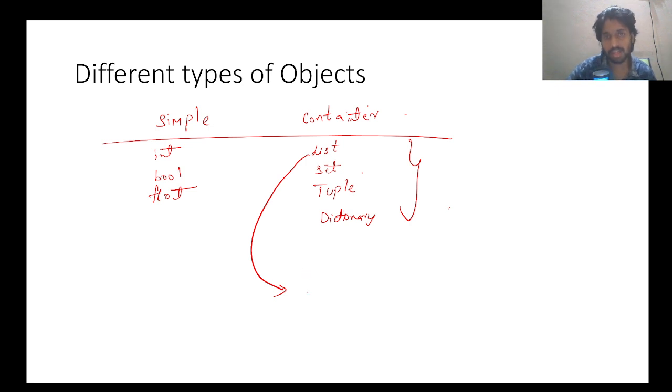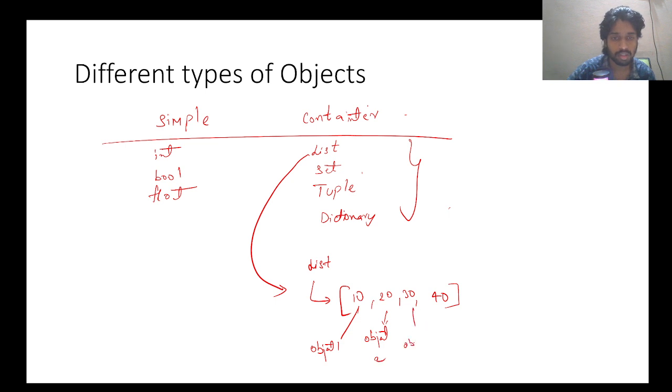A container object is nothing but an object that stores a group of objects in it. Whenever I try to create a list object, we will group some objects here. If I want to group 10, 20, 30, 40, 10 is object 1, this is object 2, this is object 3, this is object 4.